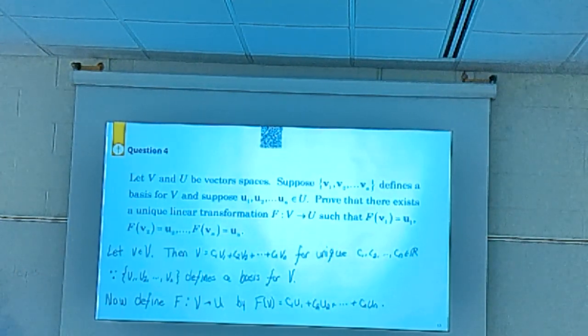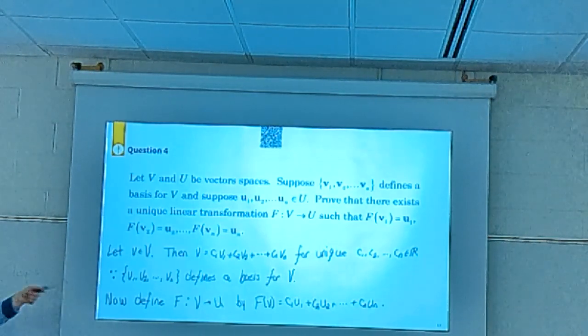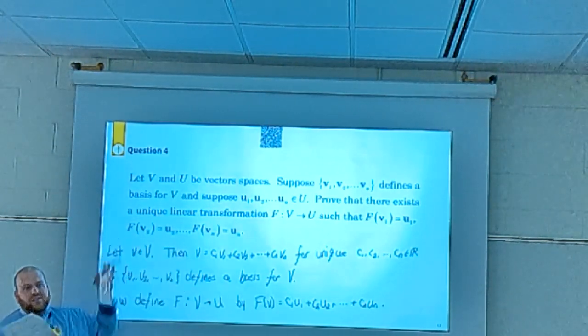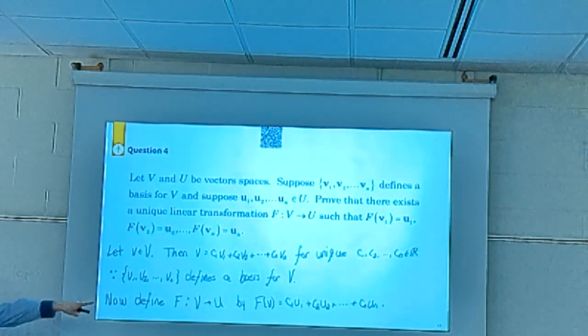The pre-image is in V, the output is definitely in U. Now we just have to show that that's linear, and we're done. Well, actually, no, I would have to also show that it satisfies this condition, but that's actually very easy to do. So I'm now going to show that this is actually linear.